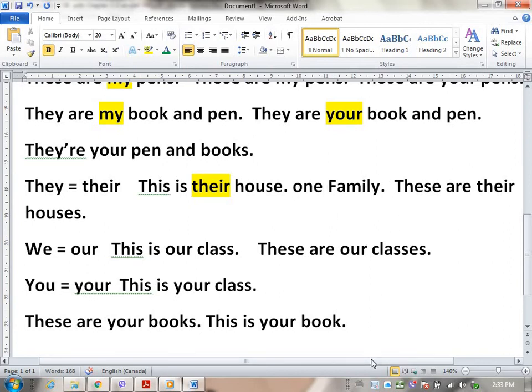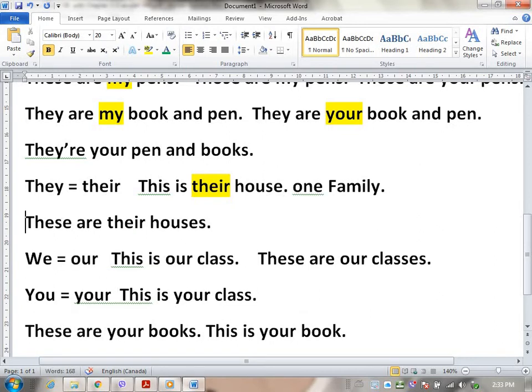Or maybe there are some friends together. See? These are their houses. Maybe 4, maybe 5 people. Or maybe 5 students.